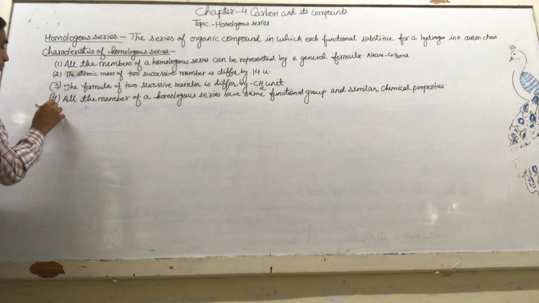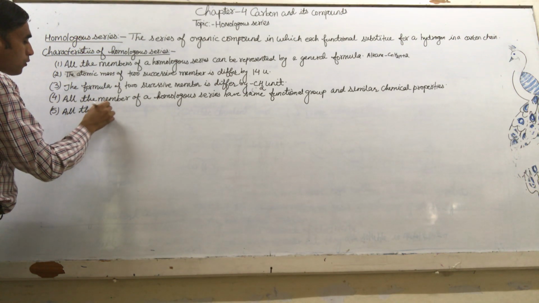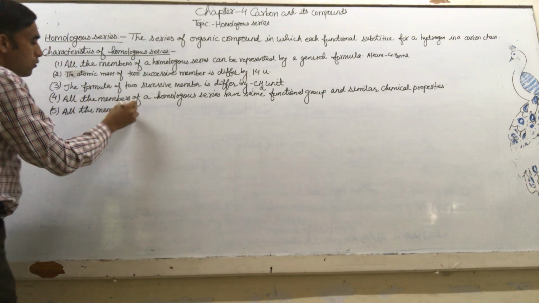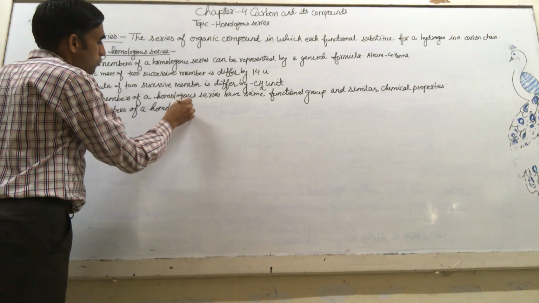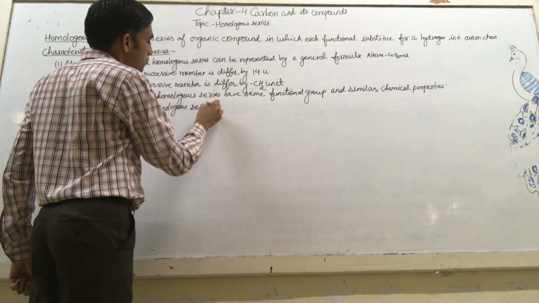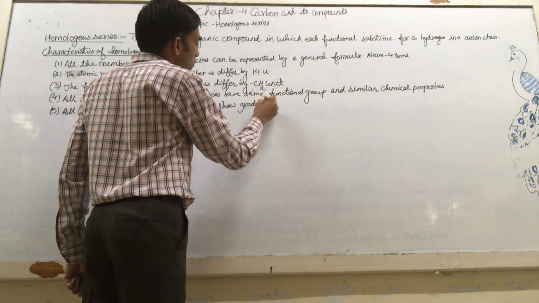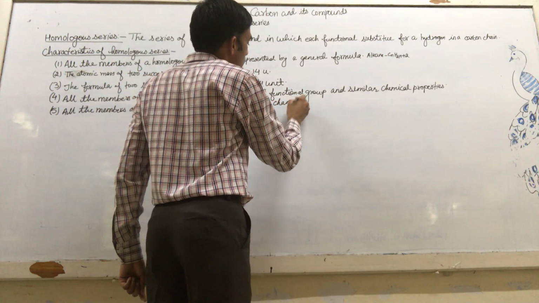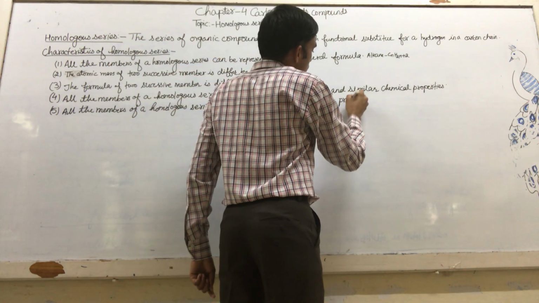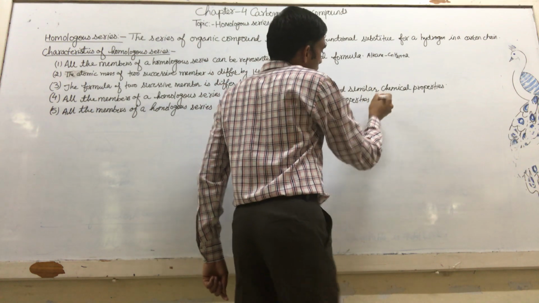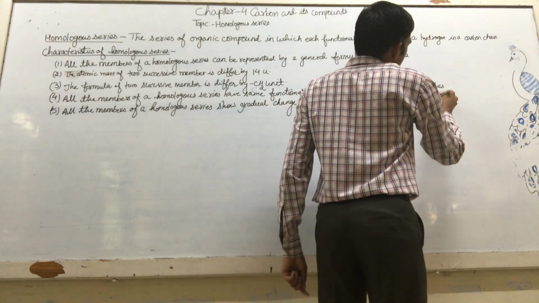Next, all the members of a homologous series show gradual change in physical properties as atomic mass increases.